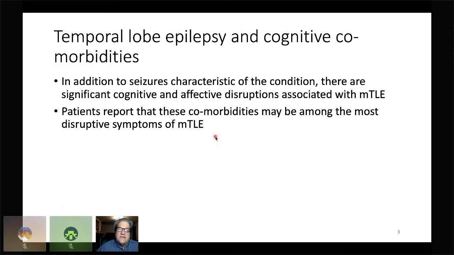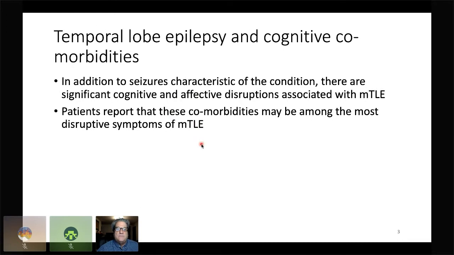Patients really dislike these comorbidities and express that they may be among the most disruptive symptoms of TLE, even more than the seizures themselves. This is a disruption in circuits, as you might imagine: the same circuits that support cognition and affective behaviors are also disrupted.